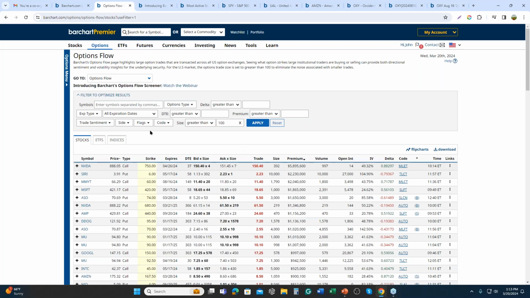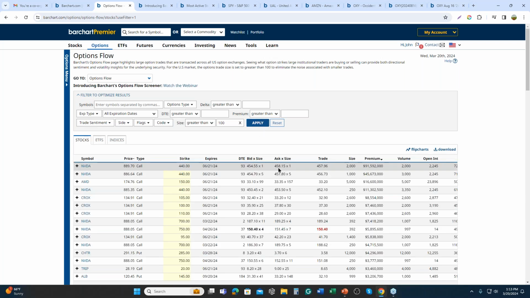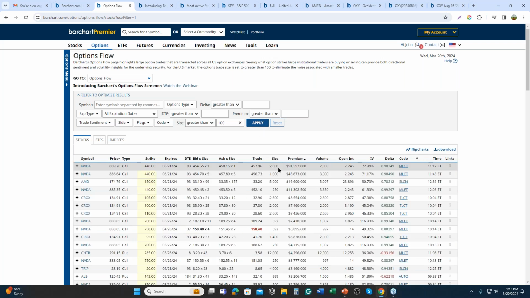Not only am I going to look at the premium size, and premium is relative, we want to look for large trades. But if I'm looking at a stock like NVIDIA, and we're talking about a $440 strike, a deep in the money call, and somebody's buying 2,000 shares, this is really somebody trying to leverage options.